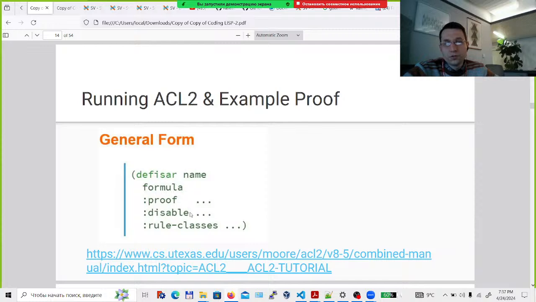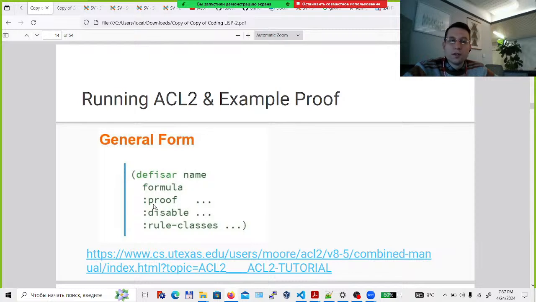For those kinds of reasons you have some commands which do not allow the automatic theorem prover to use those rules, and you are able to specify which rules are able to be used to formally prove this formula.